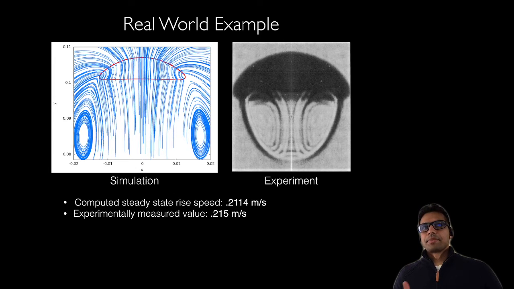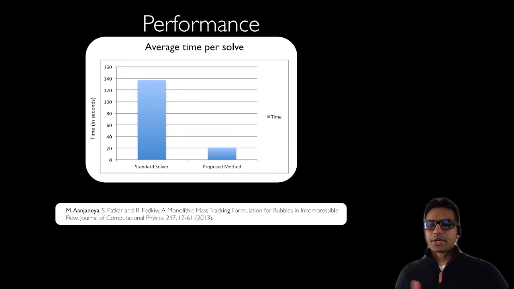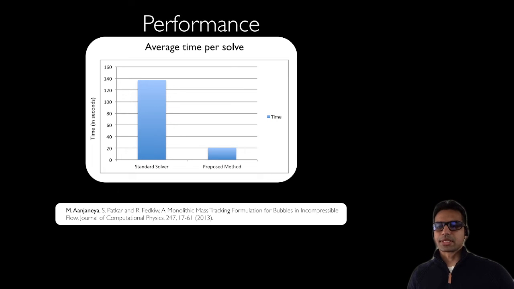But basically, the velocity streamlines are different compared to real experiments because of a highly simplified single pressure degree of freedom model for the bubble. Now, in terms of performance, this new solver is roughly 6 times faster than two-phase incompressible flow.